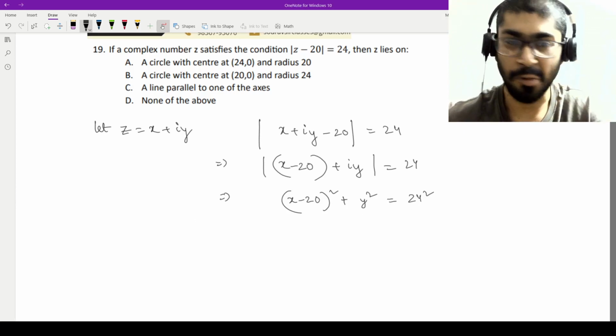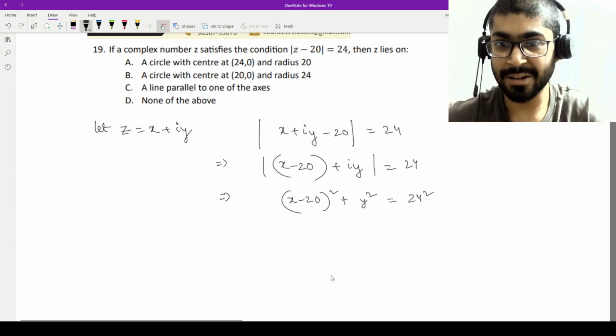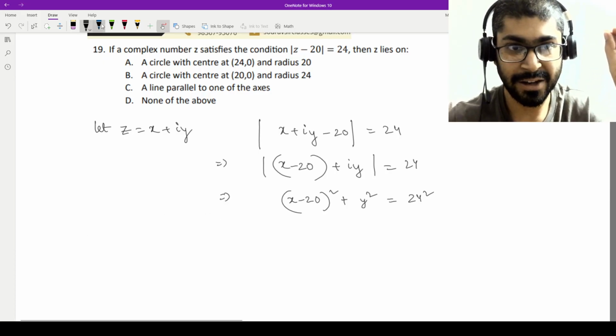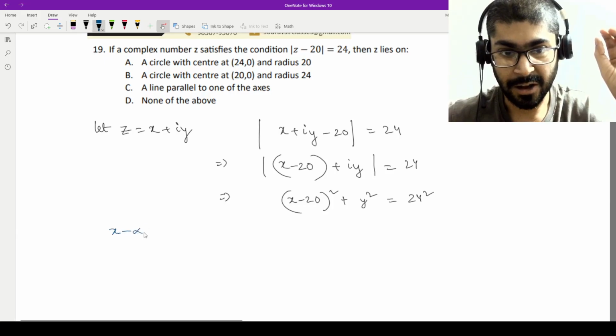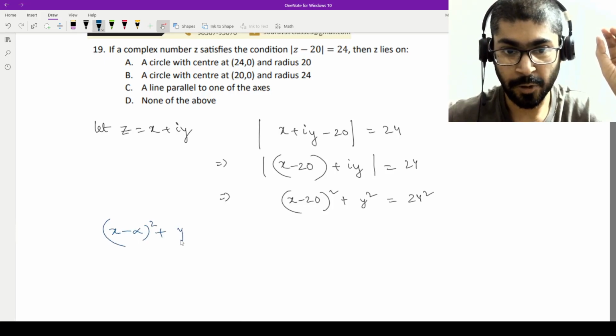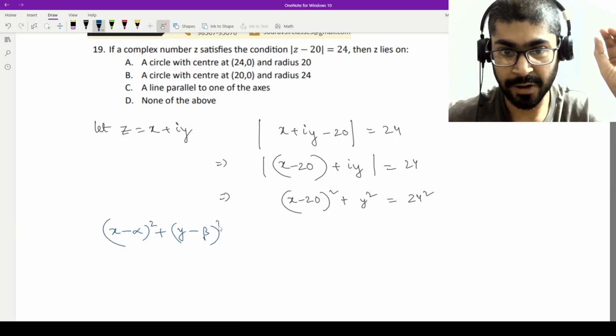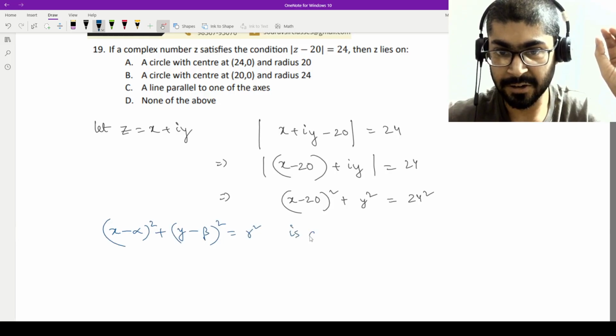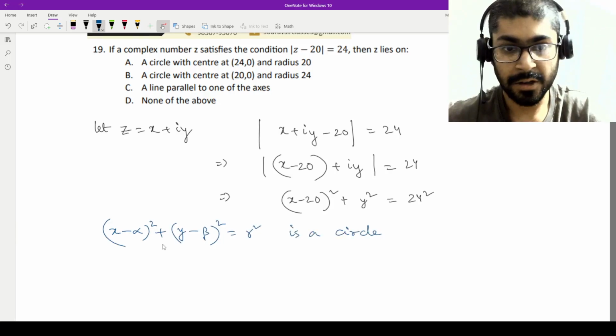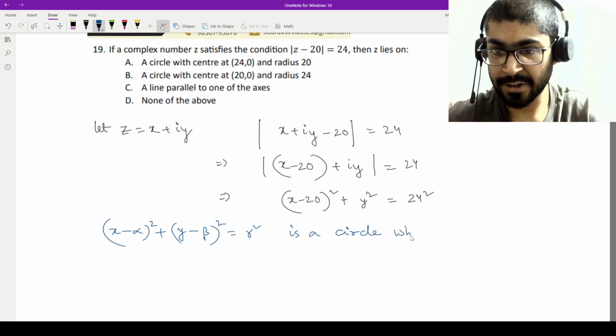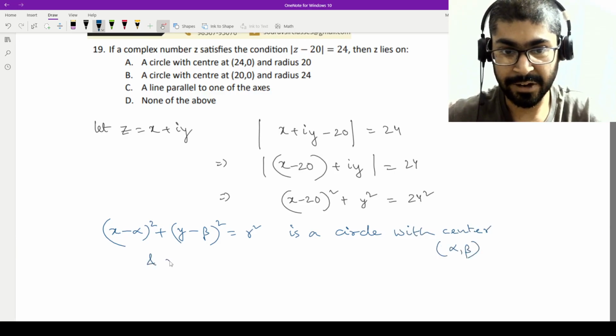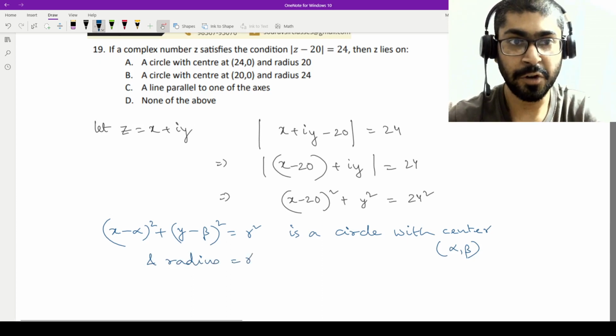Now what is this? You know that (x - α)² + (y - β)² = r² is a circle with center (α, β) and radius r.